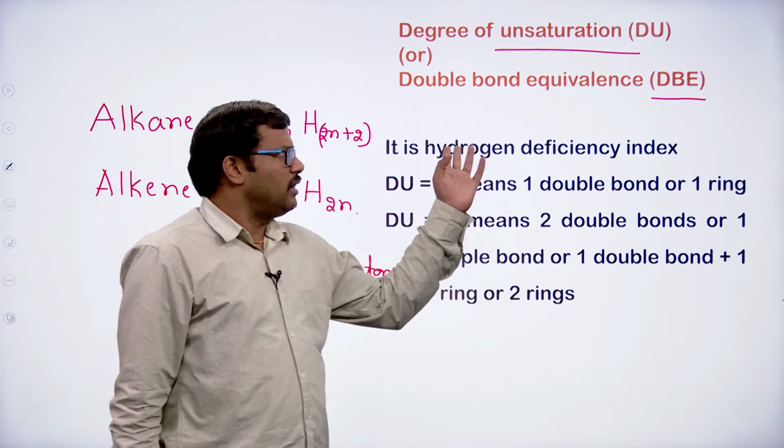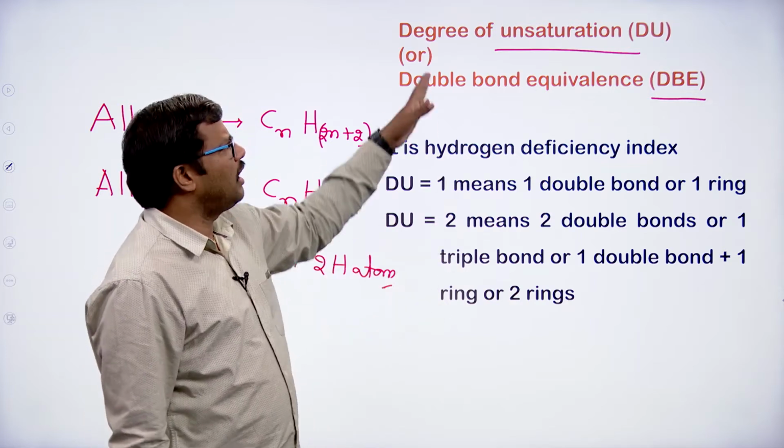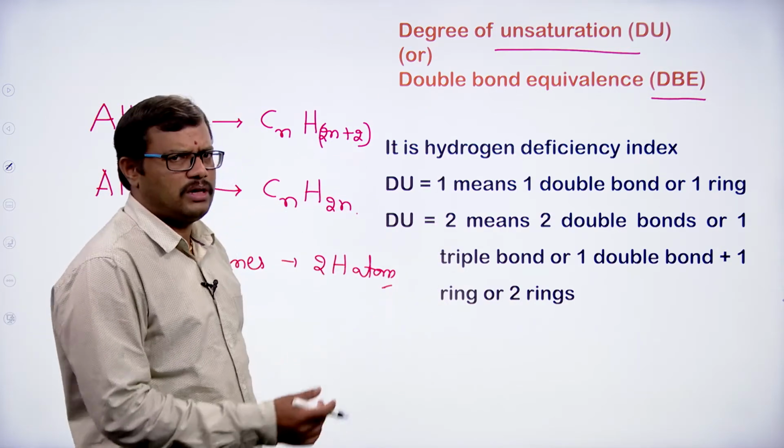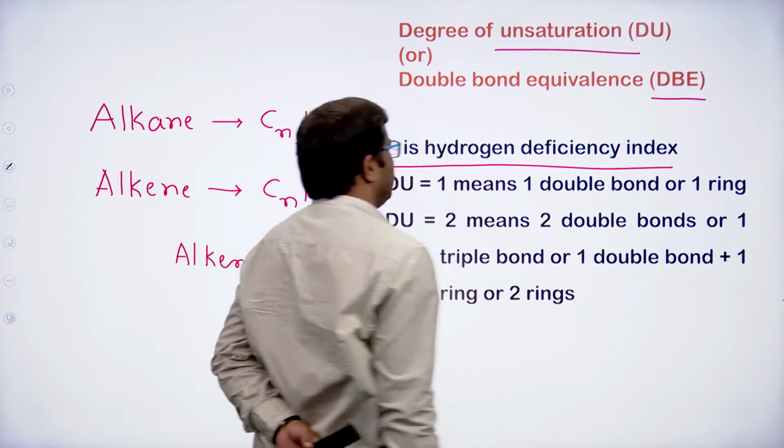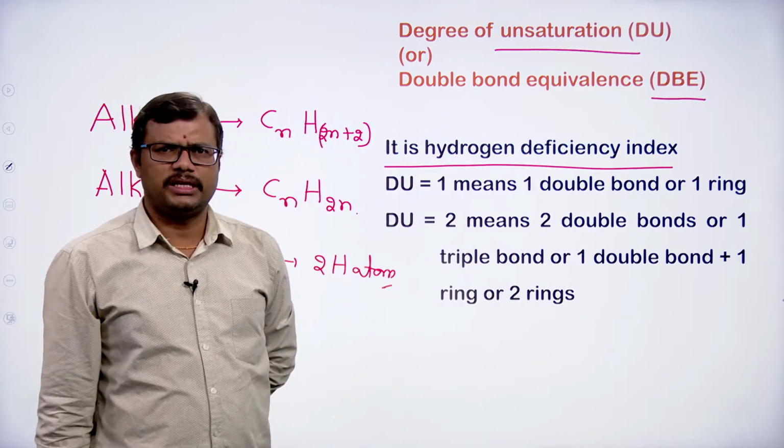Therefore, the double bond equivalence or the degree of unsaturation of a compound is generally taken as the hydrogen deficiency index.